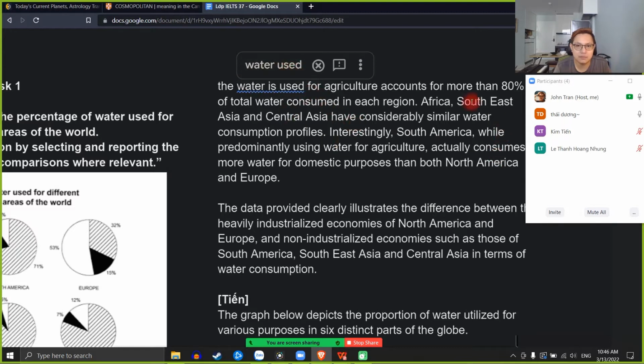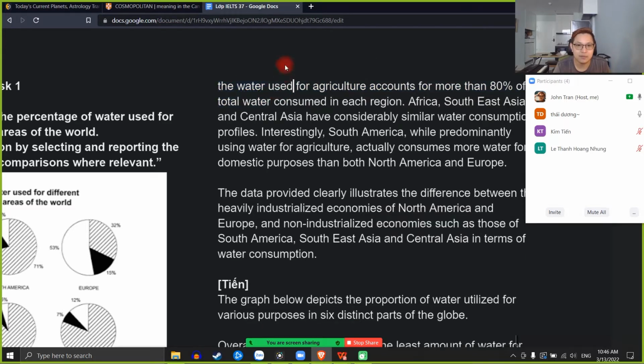What's wrong with this one? Okay, because this one is a main verb. So this one, the whole thing should be in a relative clause. Tại vì cái chỗ này consume nó là động từ chính nè. Cho nên cái đống này, chủ ngữ này, nó nên là một phần của cái mệnh đề quan hệ. So water use. So this one is like, okay, main verb is consume. This one is a subject. So this part should be part of a relative clause.